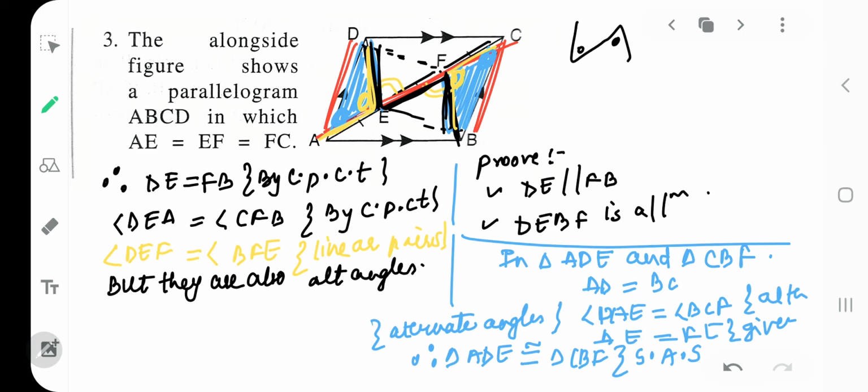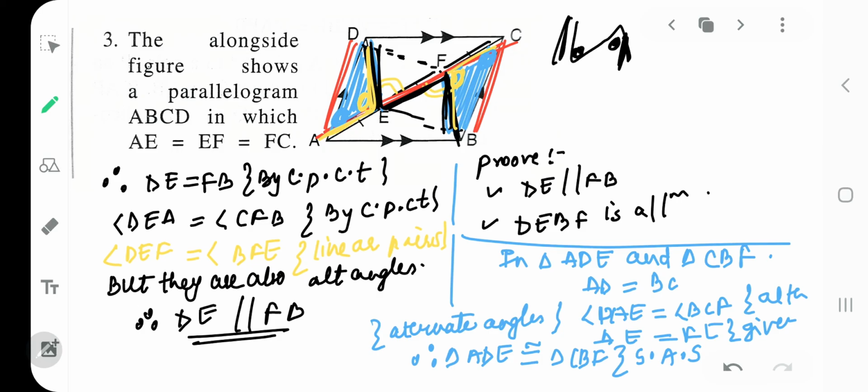Therefore, we will say line DE is parallel to FB. Once you got two alternate angles between two sides, you can say that this line is parallel to this line. So the condition to make two lines parallel is only through the alternate angles or corresponding angles. So if you got two alternate angles equal, Z forming angles, that means the line has to be parallel.